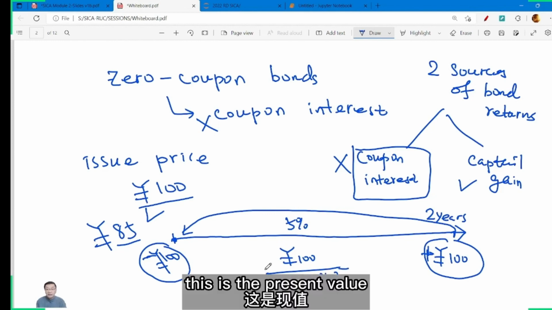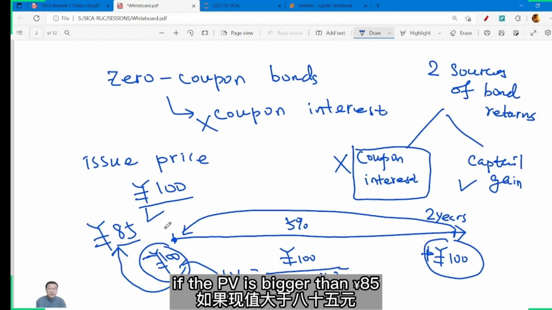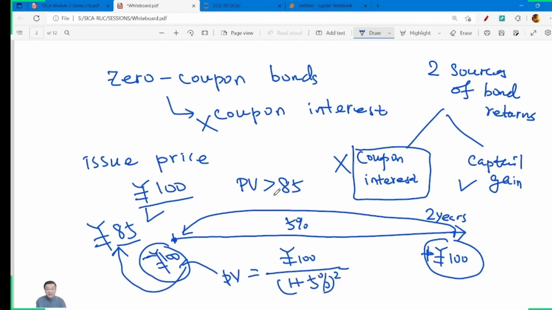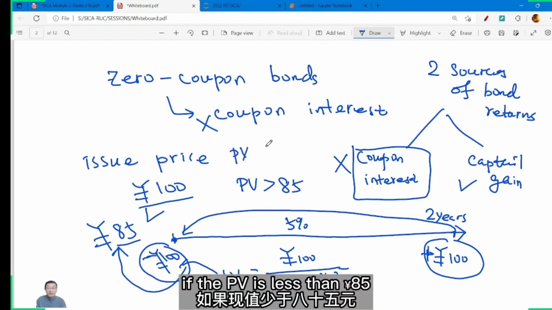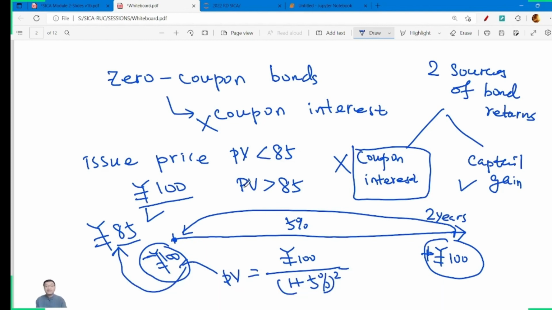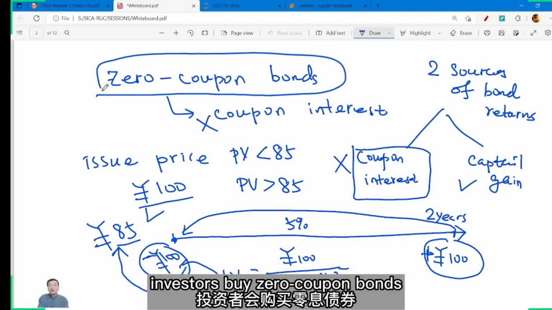This is the present value. Then we compare it with what? With 85. If the PV is bigger than 85, it is still worthwhile for investors to invest. If the PV is less than 85, I believe smart investors will not buy this bond. So this is why investors buy zero coupon bonds.